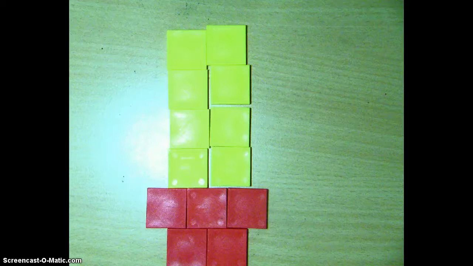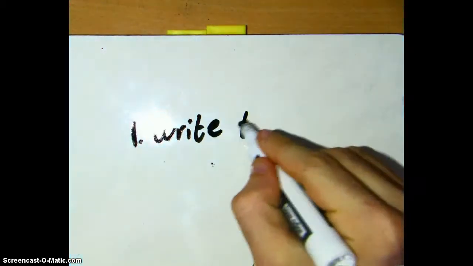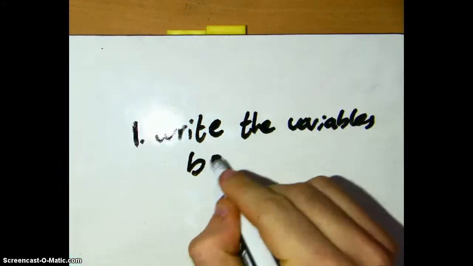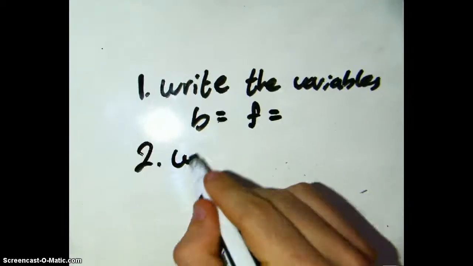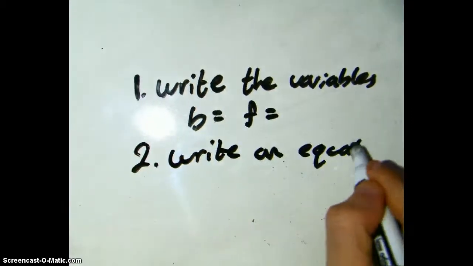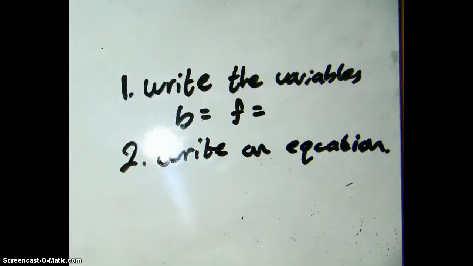Number one, write the variables. What does B stand for? What does F stand for? Number 2, write an equation. Just like I did, write an equation with B and F, some sort of explicit rule.